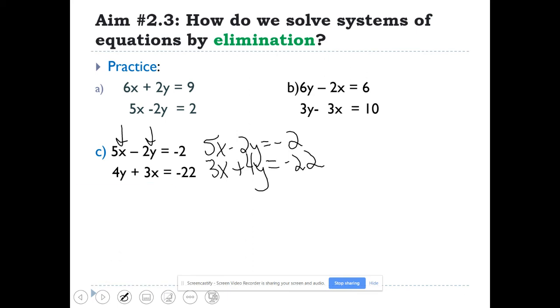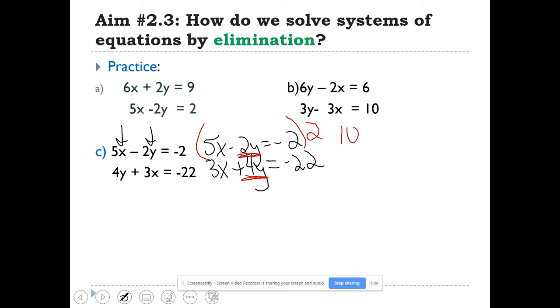And then I'm looking, if I add these together, I'm not going to get anything to add to 0. I think I'm going to change this y to a 4, because then that would be negative 4y to add with this positive 4y and get me that 0 that I need. So I would have to multiply by 2 to make that happen.